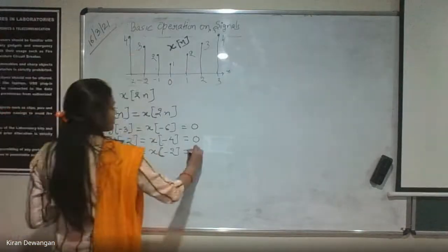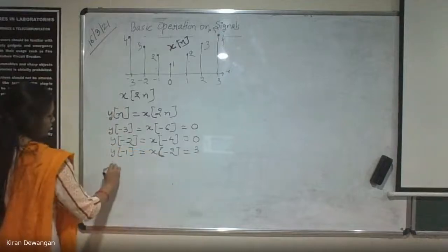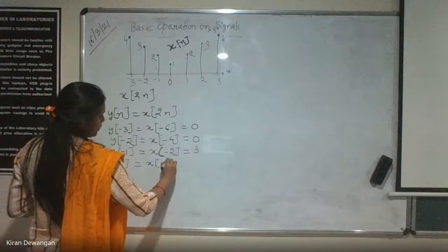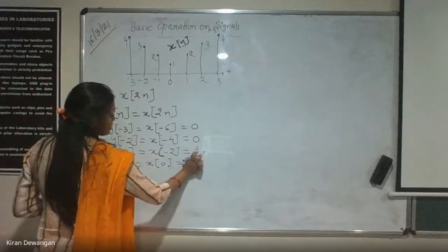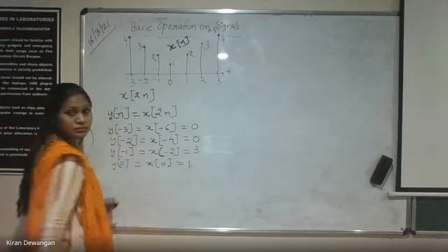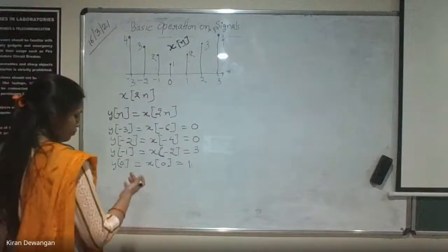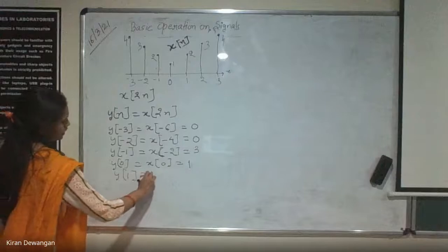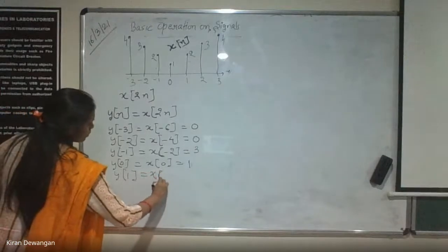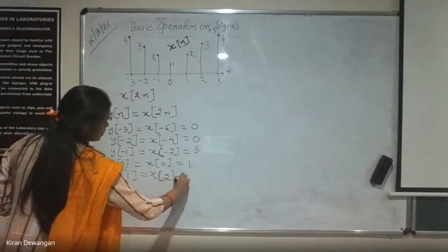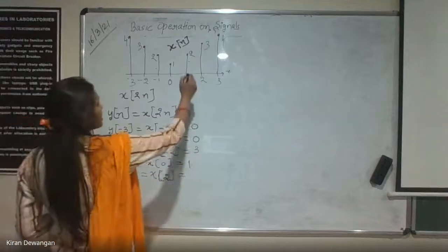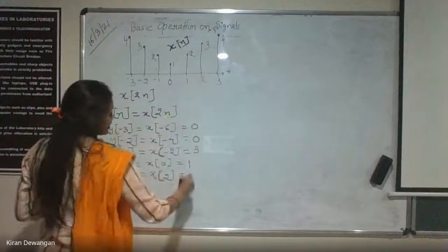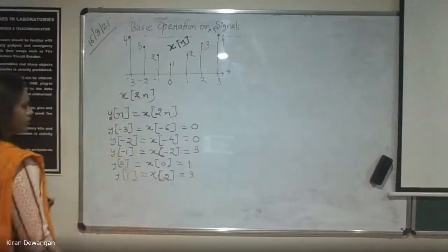It is 3. Correct. Y of 0 is x of 0, which is 1. Then y of 1 is x of 2, which is 3.